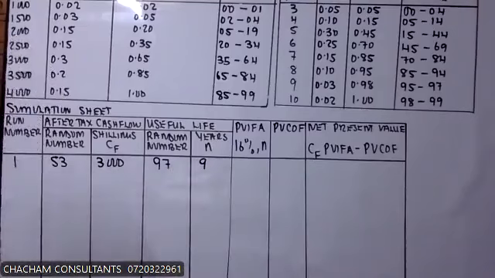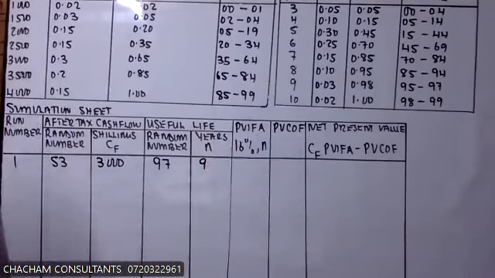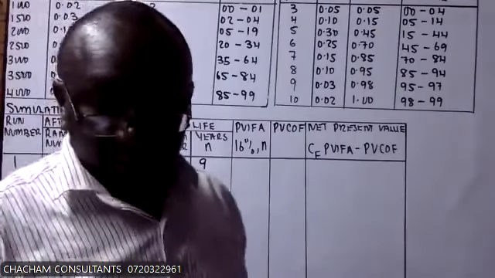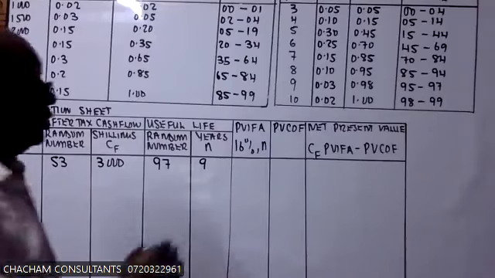Now take your tables and read for me: 16% for 9 years. Annuity is what factor? $4.6065.